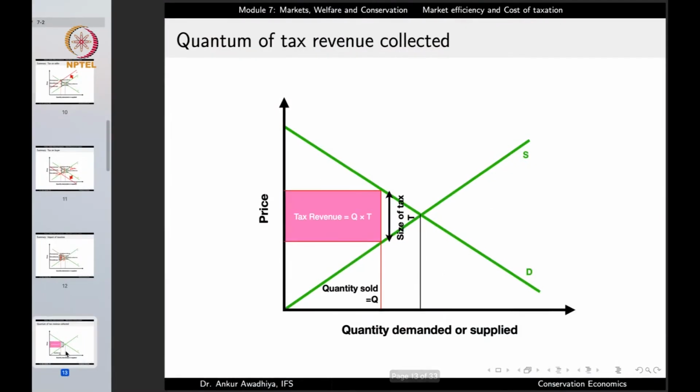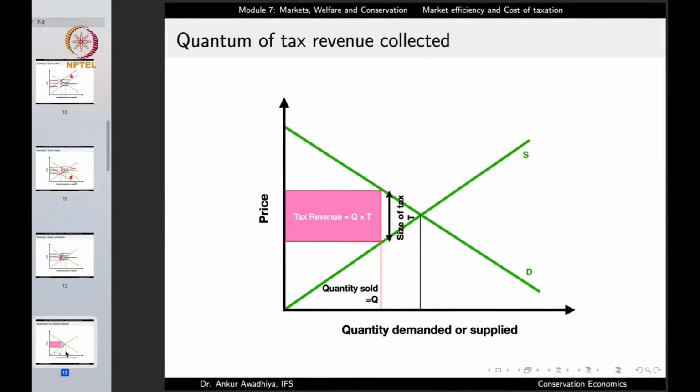Now, in this situation, when the size of the tax is T, we can compute the tax revenue. So, what is the total amount of money that the government gets by imposing this tax? That is known as the tax revenue. Now, the tax revenue is given by the size of the tax multiplied by the quantity that is sold after the tax.